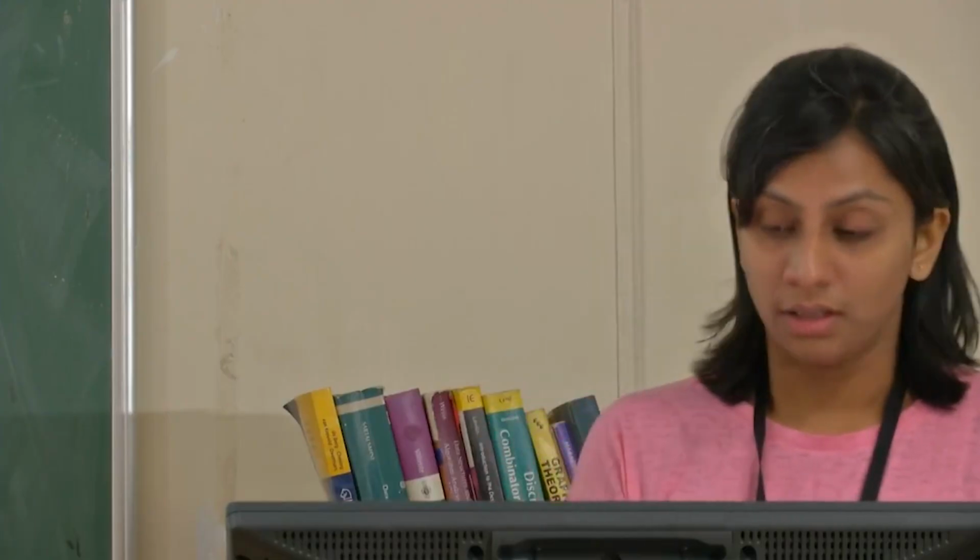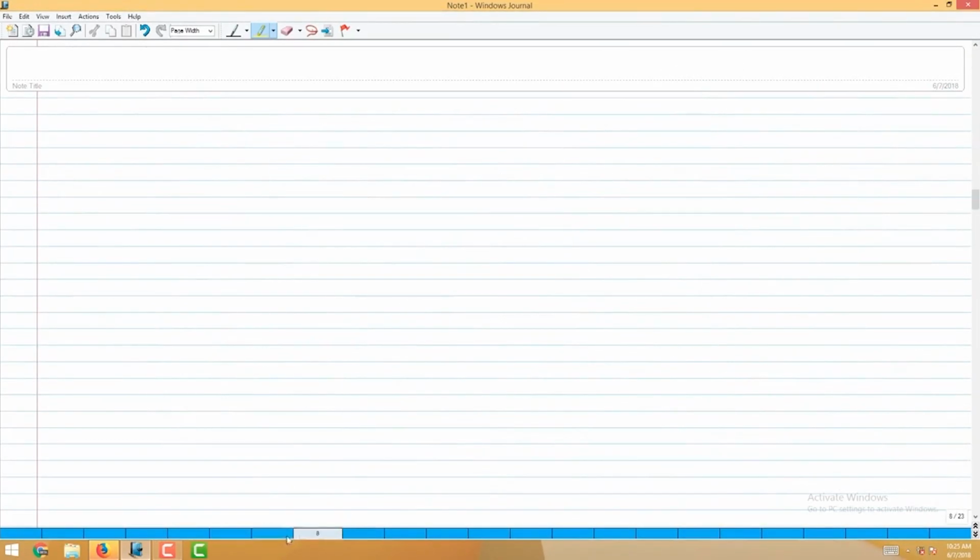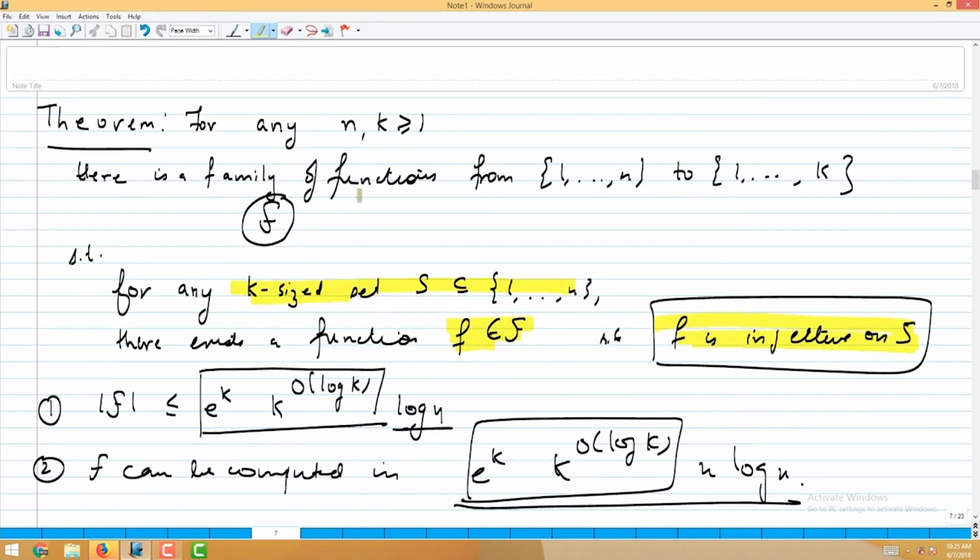Now instead of computing this coloring randomly, I look at each function. Each of these functions corresponds to a coloring. As I said, look at this side as the vertex set and these as the colors. So these functions are nothing but these colorings of the graph.